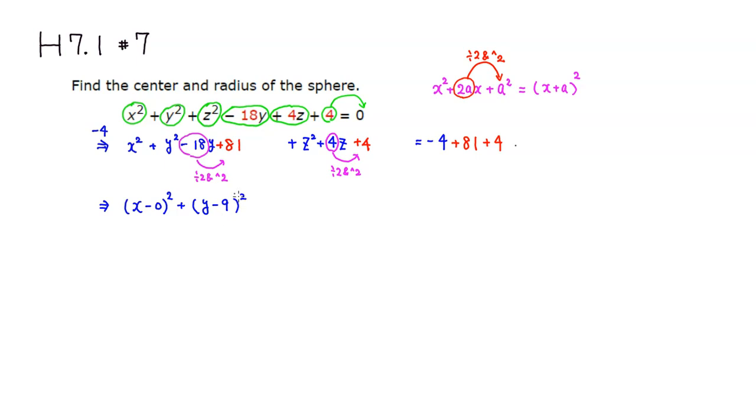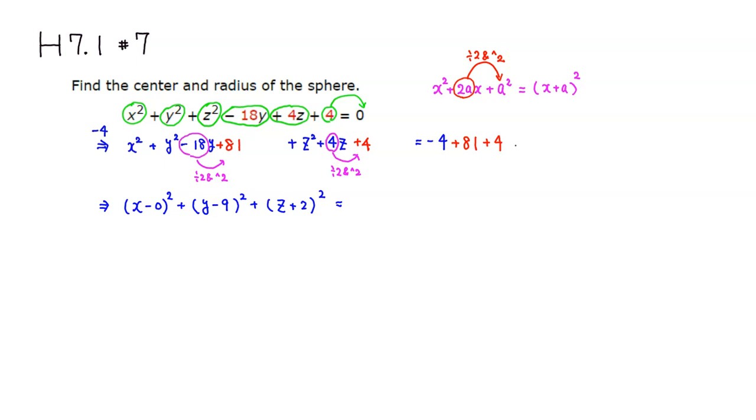You can double check that if you multiply out, you get exactly those 3 terms. For the z's, you have (z plus 1/2 of 4), so (z plus 2) squared, which is exactly z squared plus 4z plus 4.